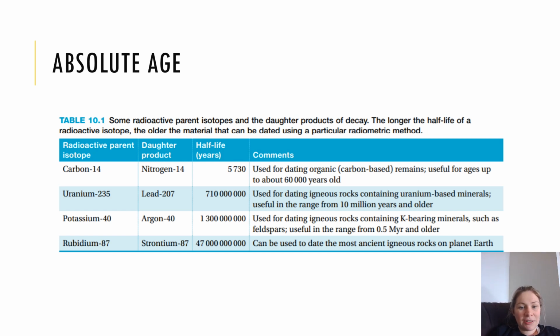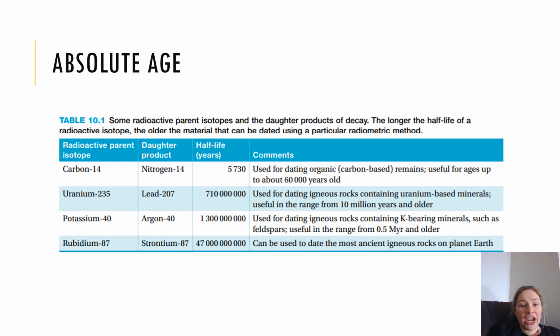When we're looking at absolute age, what we're looking at is the rate of breakdown of a couple of known elements. So it's really important that we have an understanding of this table. What we're looking at basically is finding out absolute age by looking at the amount of a radioactive parent isotope. So I'll take the first row of our table here, where we're looking at carbon-14.